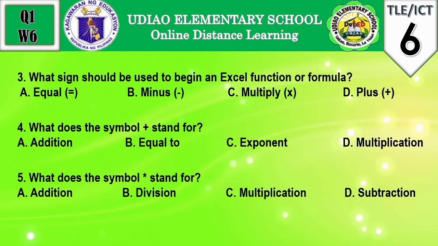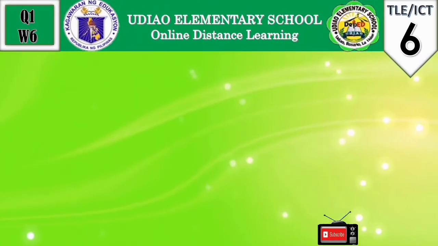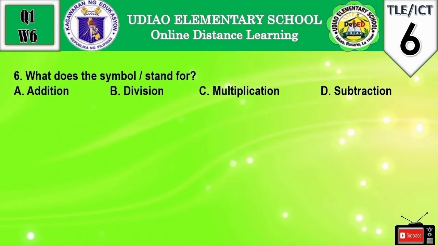C. Multiplication. D. Subtraction. Number 6. What does the symbol stand for? A. Addition. B. Division. C. Multiplication. D. Subtraction.